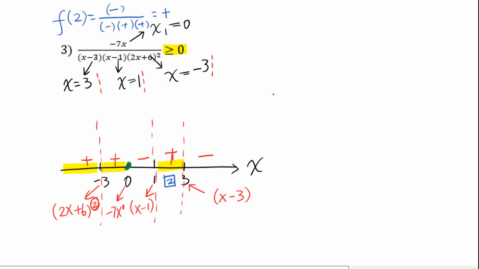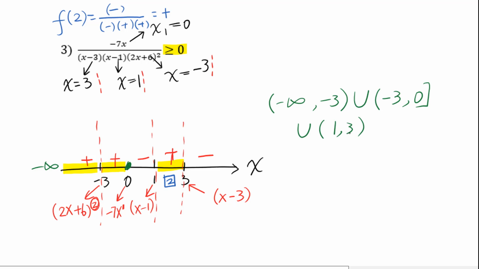Therefore, we can write down the solution. That will be from negative infinity to negative 3, open parenthesis, union with negative 3 to 0, where 0 is a bracket, union with 1 to 3. Since both are vertical asymptote lines, it's an open interval.